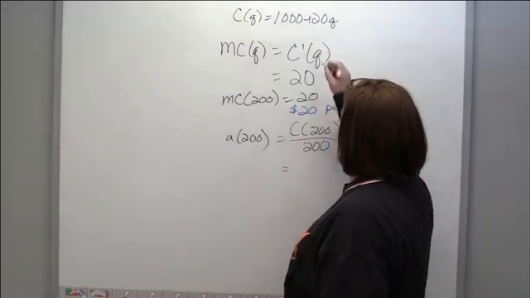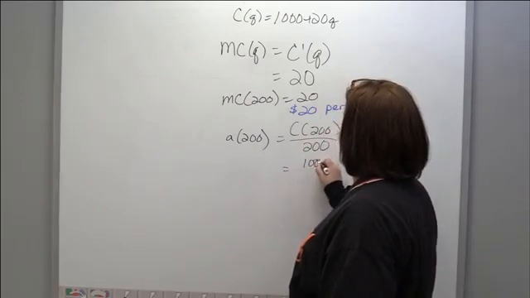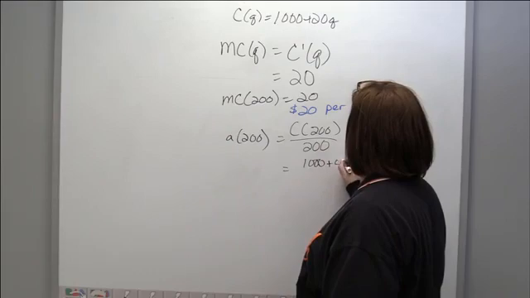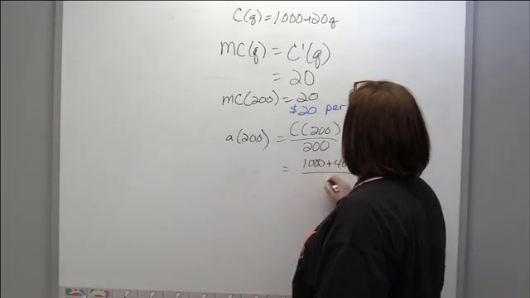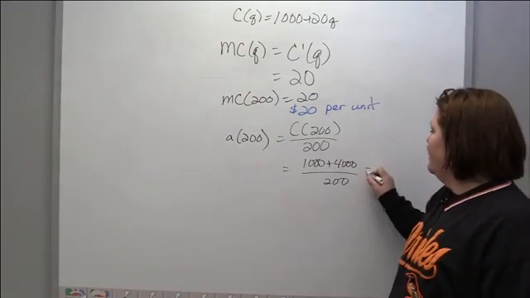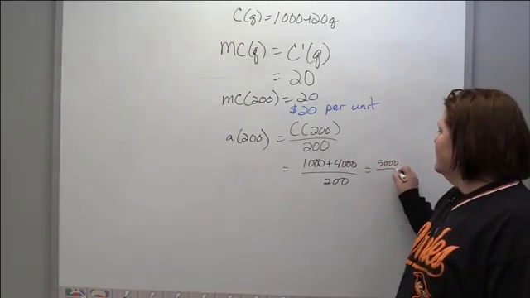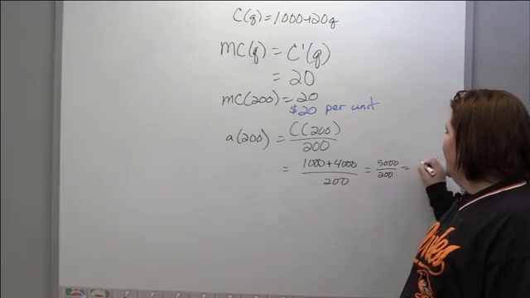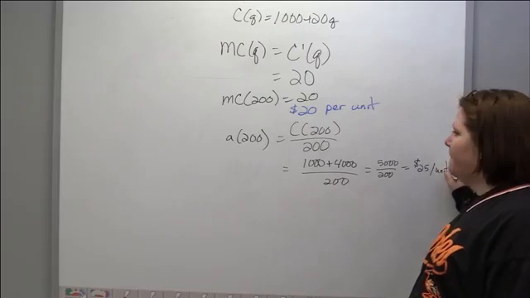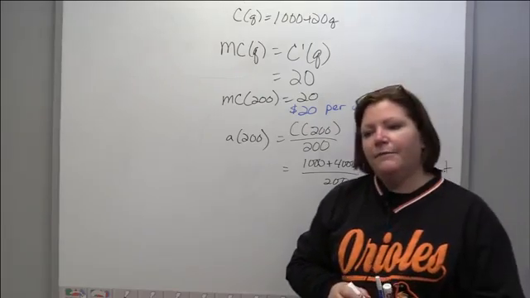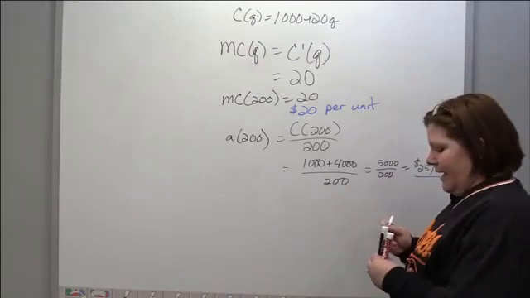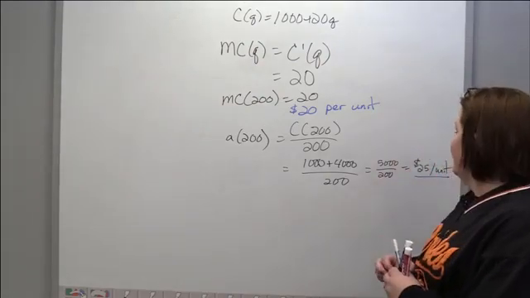In this case, we're going to get 1,000 plus 20 times 200 over 200. So we get 5,000 divided by 200, and we get $25 per unit. So we have average cost is $25 per unit.